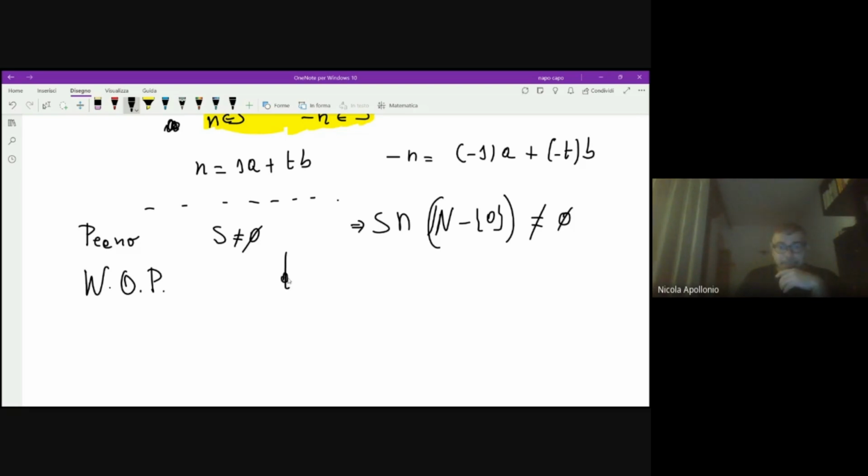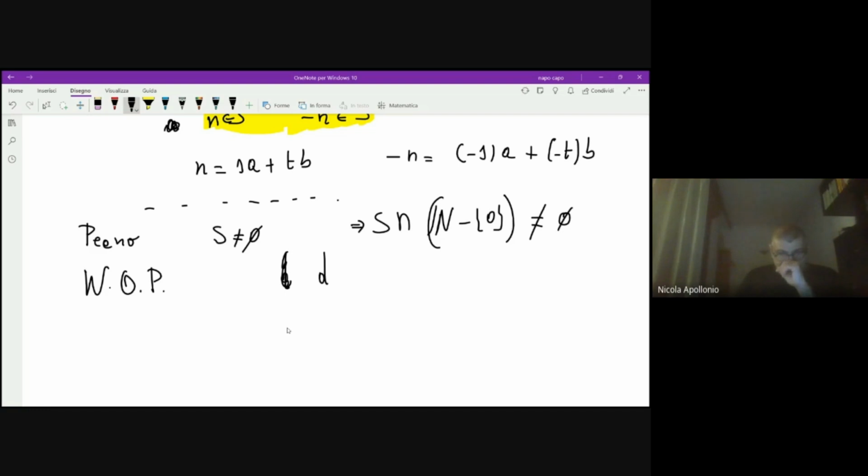Call the smallest element D. So we claim that every element in this set is a multiple of D.